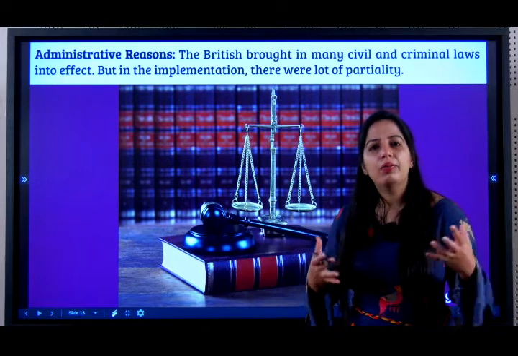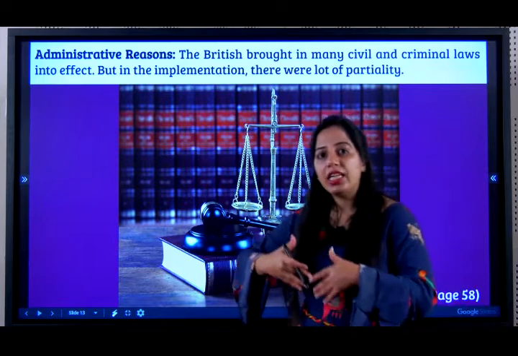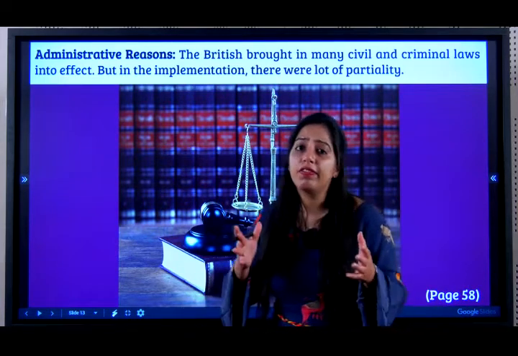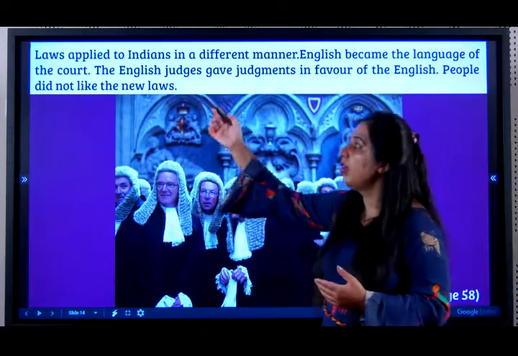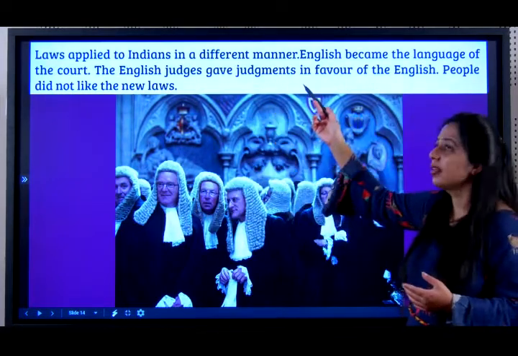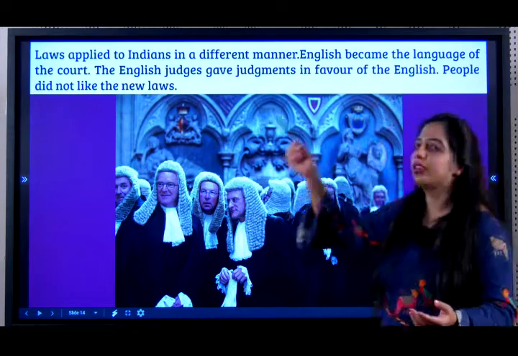And they spoke a lot about equality. But when it came to actually implementing these laws, they were very, very partial. They practiced a lot of bias. Laws applied to Indians in a different manner, and English became the language of the court.